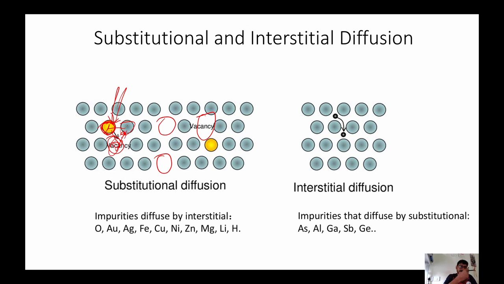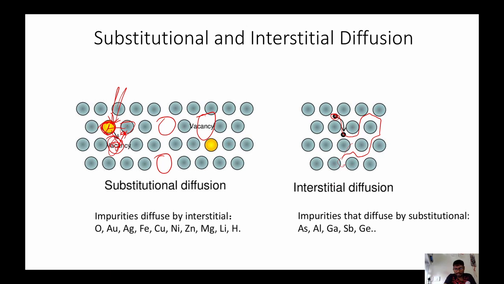through the substitutional diffusion. Okay, and in interstitial diffusion the impurity atoms are very small. They can move easily through the interstitial positions. Okay, through the interstitials. So these can move easily.